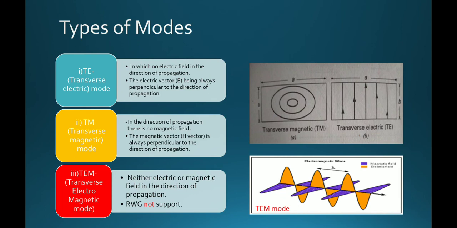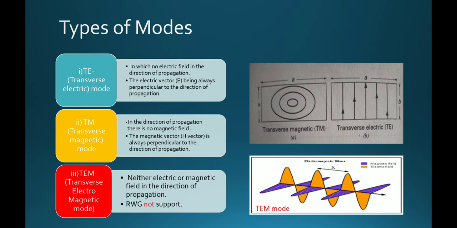The third one, transverse electromagnetic mode, TEM mode. In this mode, neither electric nor magnetic field is present in direction of propagation. So a rectangular waveguide does not support the TEM mode, only TE and TM modes are supported.